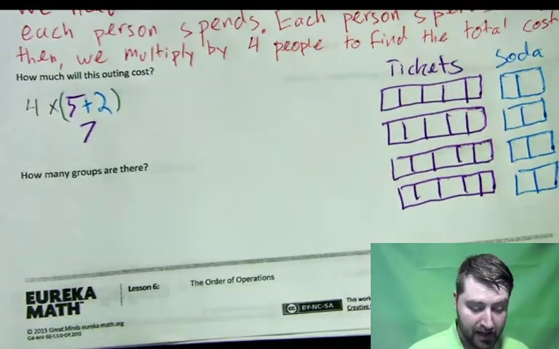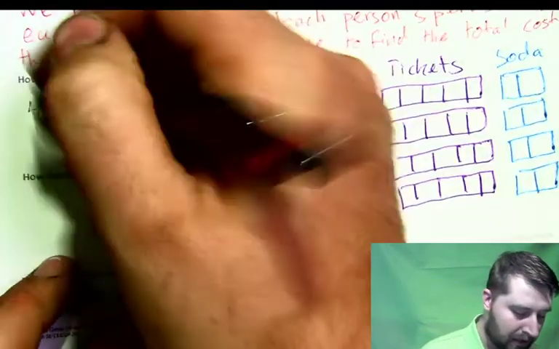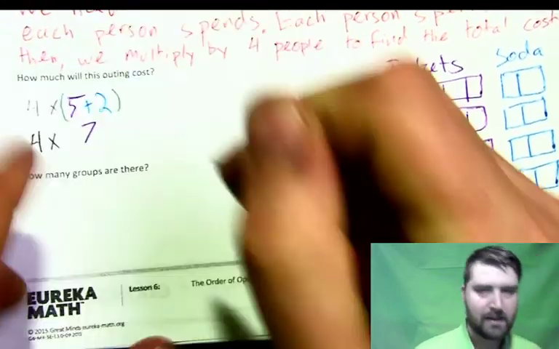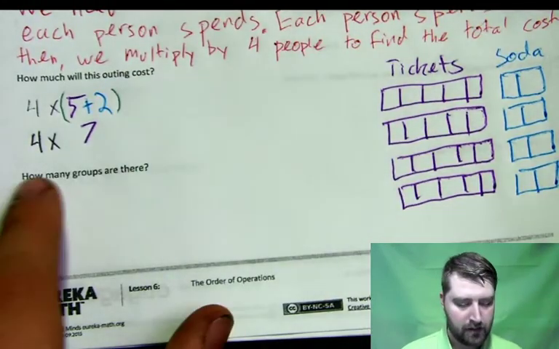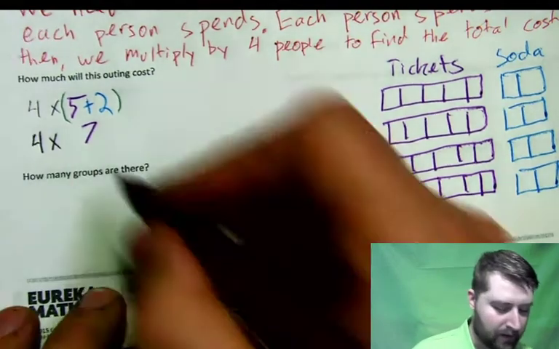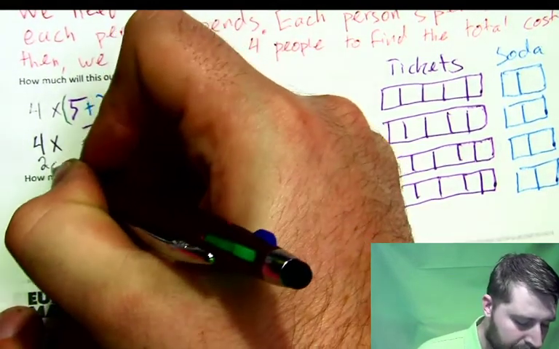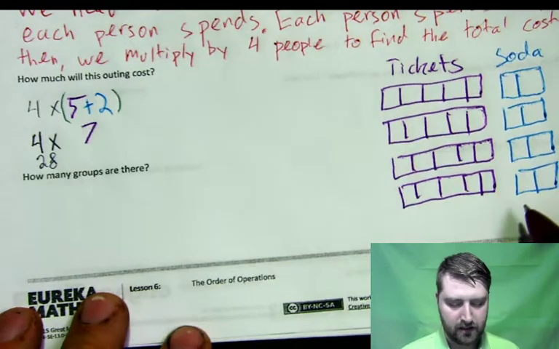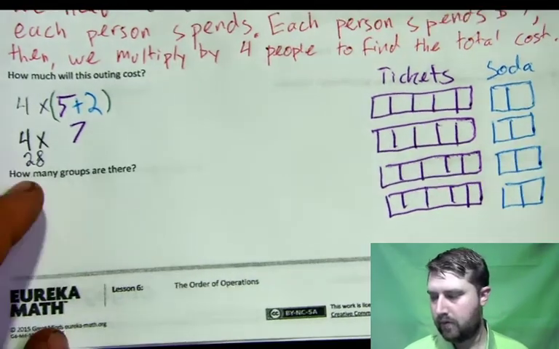Now that there's nothing else in our parentheses, they can disappear. We have solved everything in our parentheses. Then we do 4 times 7, and 4 times 7 is indeed 28. And our 28 matches this, which is awesome.